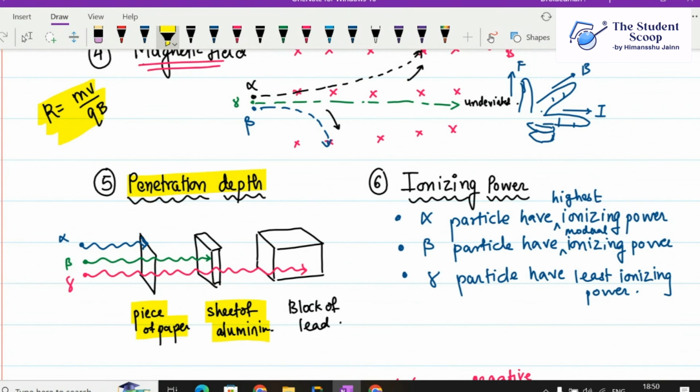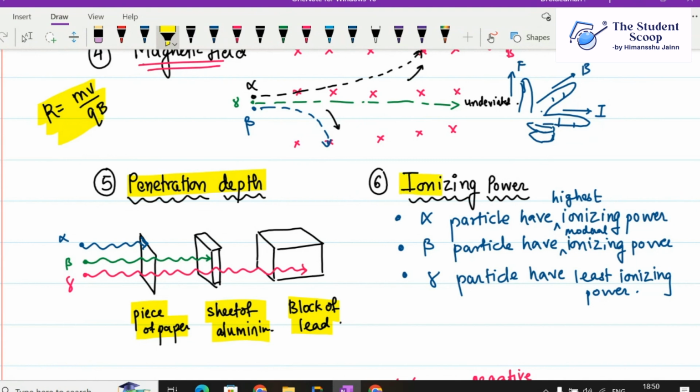And the gamma particle can penetrate through almost everything, except if you have a very thick block of lead, which will stop it to some level. But still, there will be some probability that a gamma particle can get through. So the gamma particle has the highest penetration depth, and the alpha particle has the least.